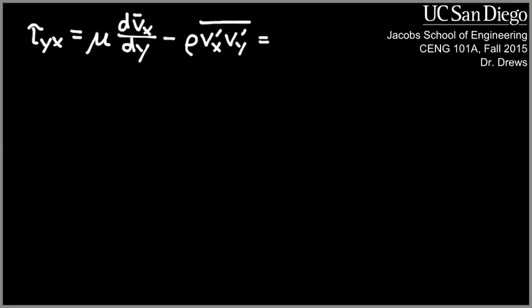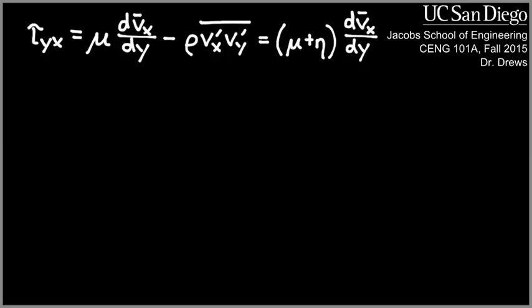This, for simplicity, can be represented as the laminar viscosity plus a new term that we call eta, which is the turbulent viscosity, times that same velocity gradient, dvx dy.